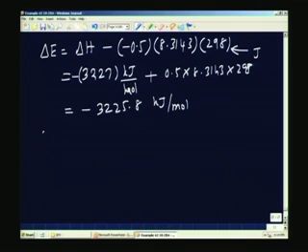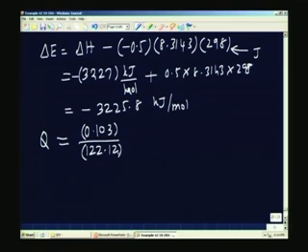So, the heat released during the combustion of benzoic acid, when 0.103 gram is burnt: I have to calculate the number of moles, that is divided by the molecular weight 122.12, which was already given in the slide, multiplied by 3225.8 kilojoules.